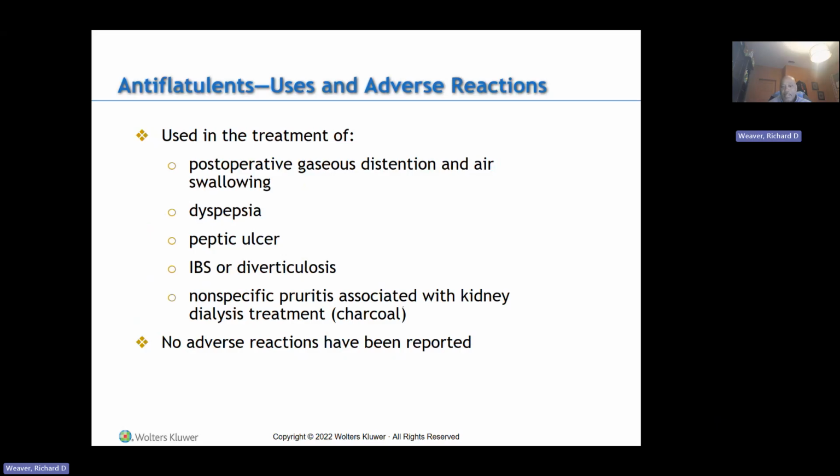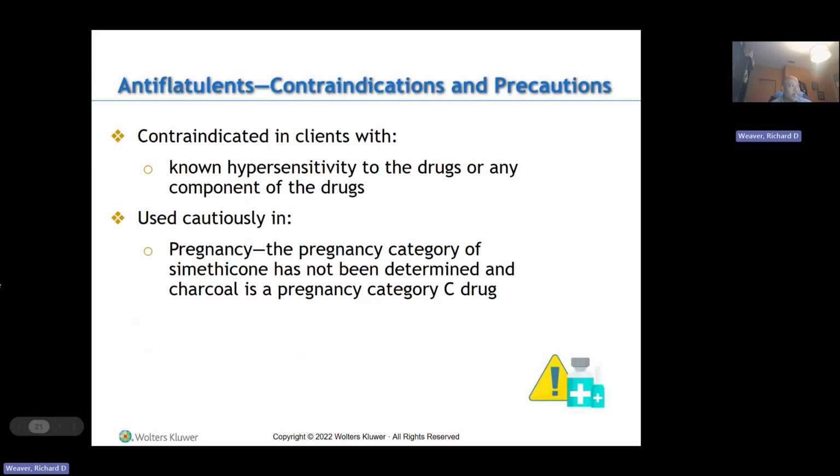Now, simethicone is in some antacid products, such as Mylanta liquid, and also Di-Gel liquid. And so I listed those medications that you should add to your list as well. All right. And no adverse reactions have been reported when these drugs are used, which is a good thing.